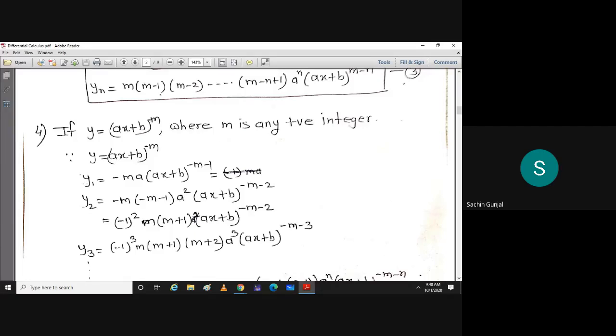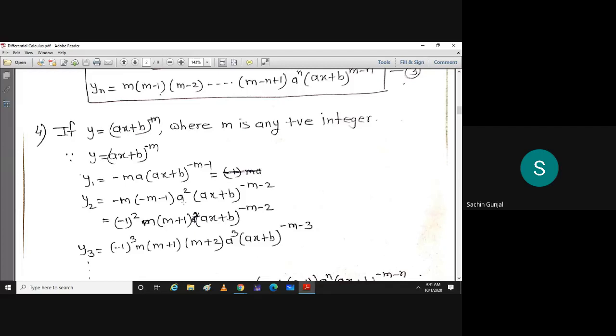So y1, its first derivative, is minus m into ax plus b raised to minus m minus 1 into the derivative of ax plus b, that is a. Then take its second derivative. So minus m, and a will be treated as a constant, so minus m, a as it is, the derivative of ax plus b raised to minus m minus 1, that is minus m minus 1 into ax plus b raised to minus m minus 2 into a.